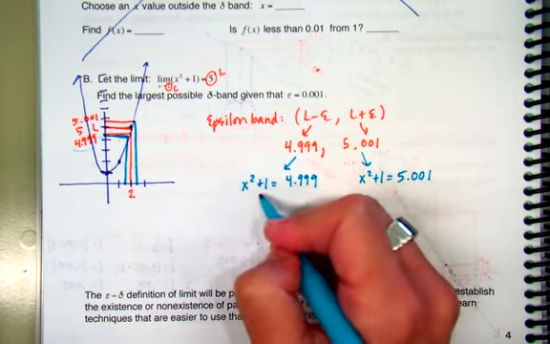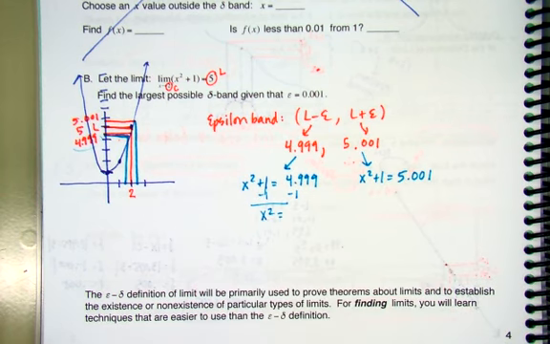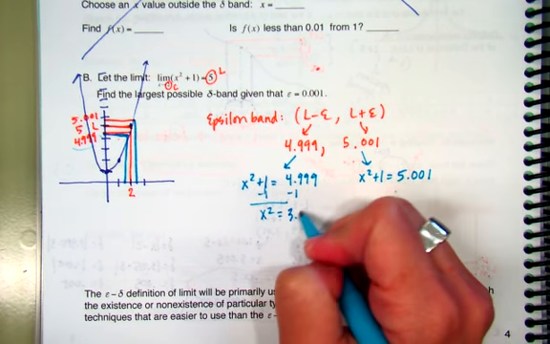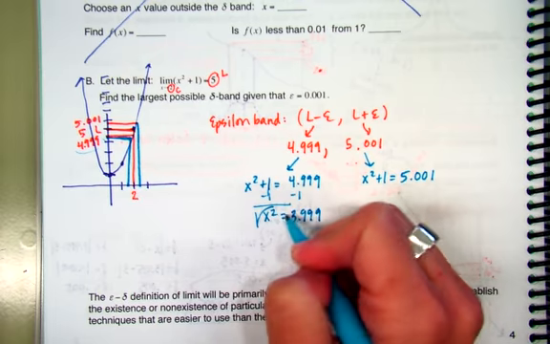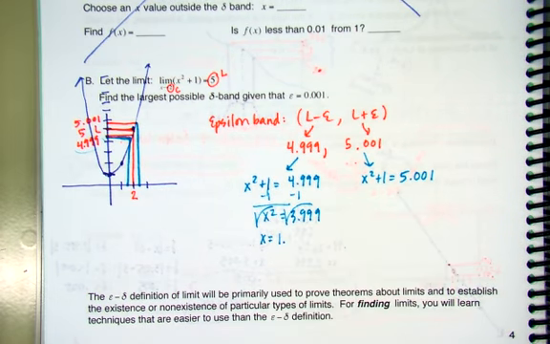Keep all of your decimals with you the whole time. No sig figs. When you take the square root of both sides, you get this really long number. So I get what?